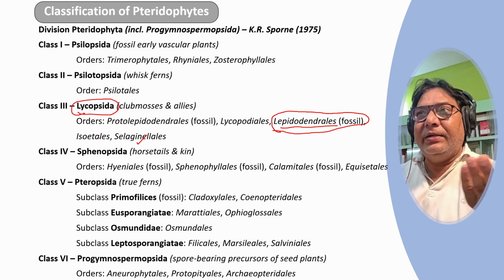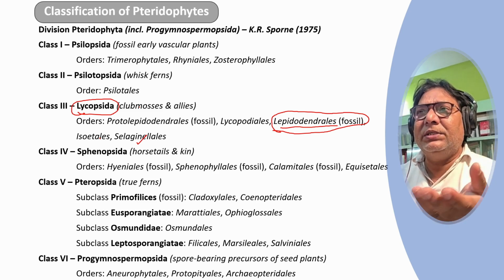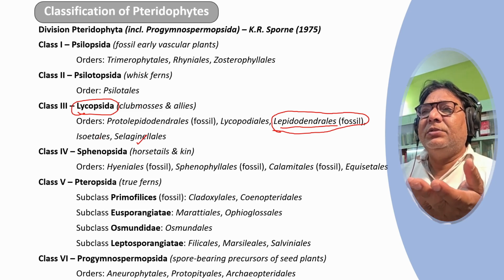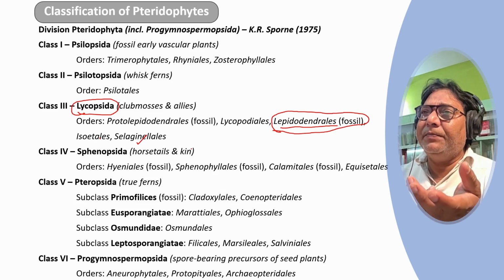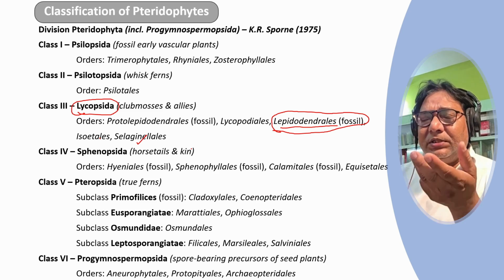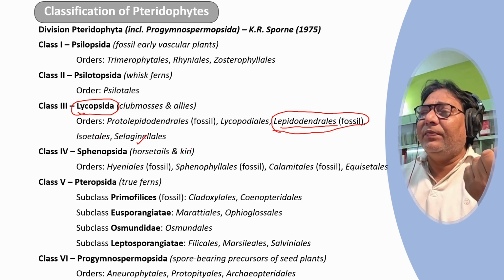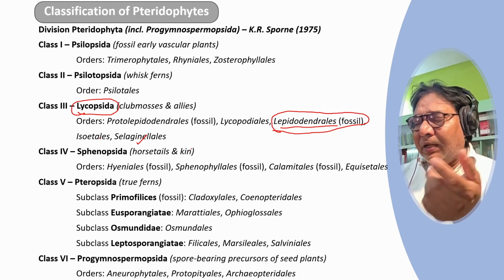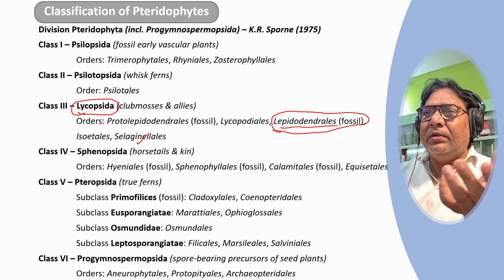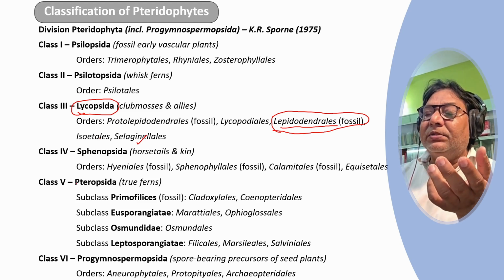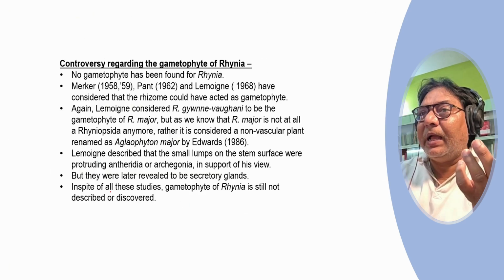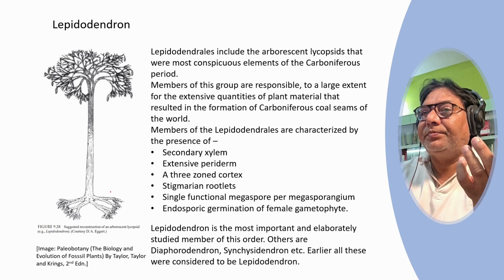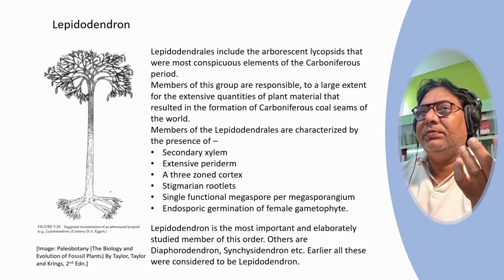If you try to find a tree pteridophyte, you will only see two members, Cyathea and Dicksonia. Other than that, there is no tree in pteridophytes. But earlier, these plants were pteridophytic plants that used to be tree-like in habit. So this was the plant.